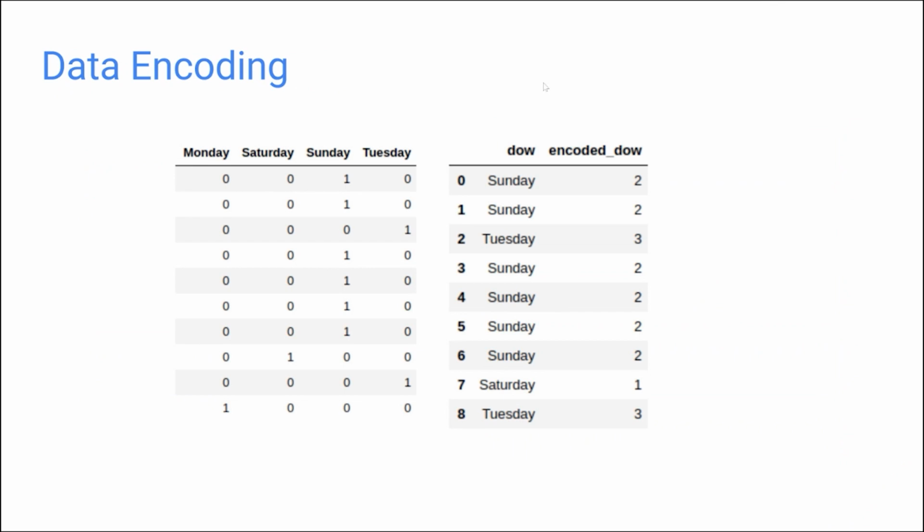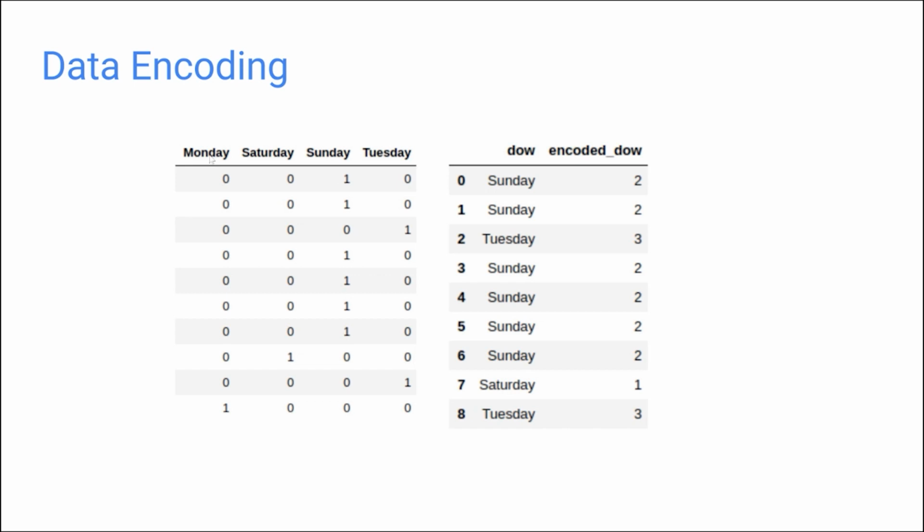For data encoding, we have two types. With one-hot encoding, like the table on the left, we encode every value by either 0 or 1, indicating its existence. So over here, instead of having one column indicating weekday with the values Monday, Sunday, Saturday, we spread out those values and replace them by either 0 or 1 to indicate their existence.